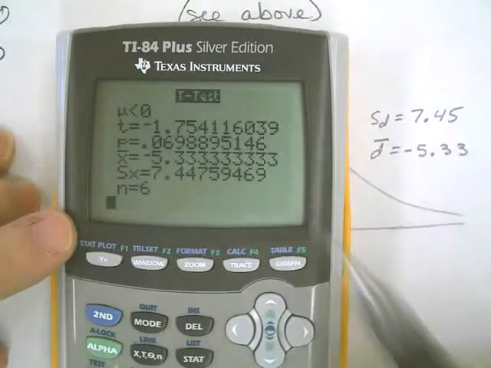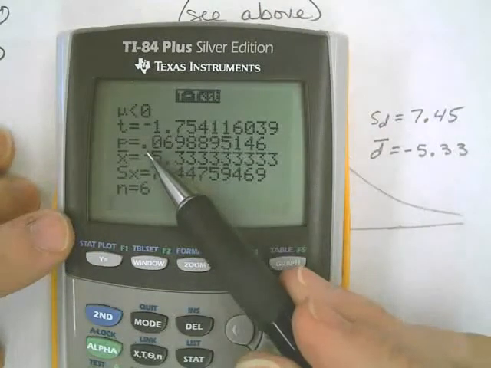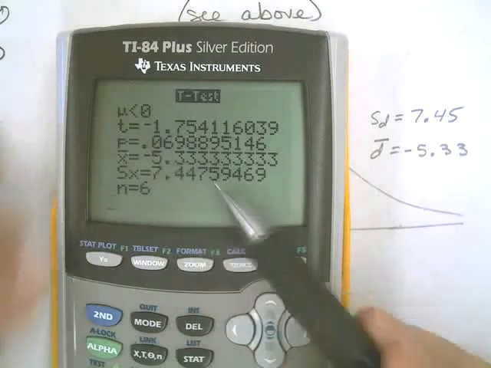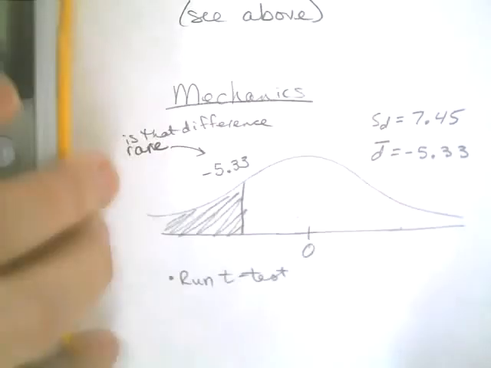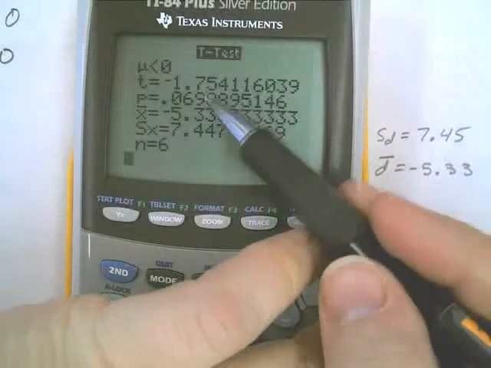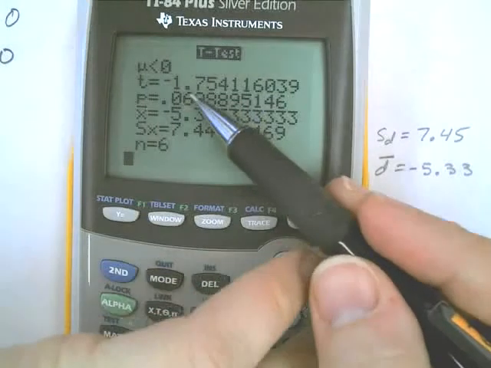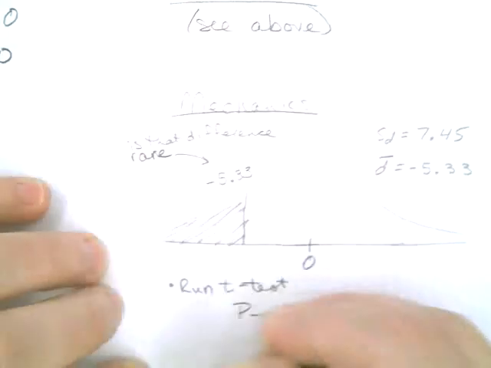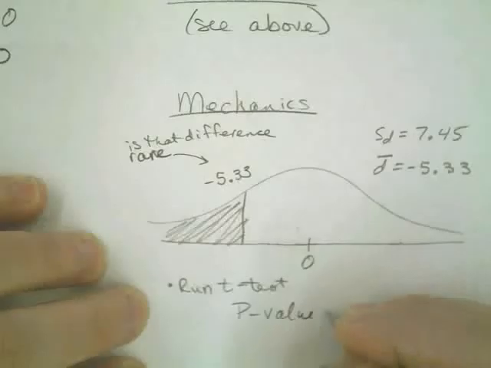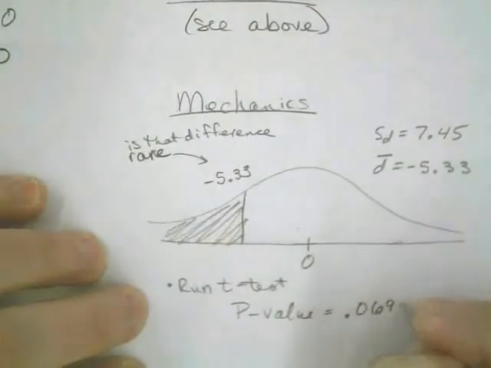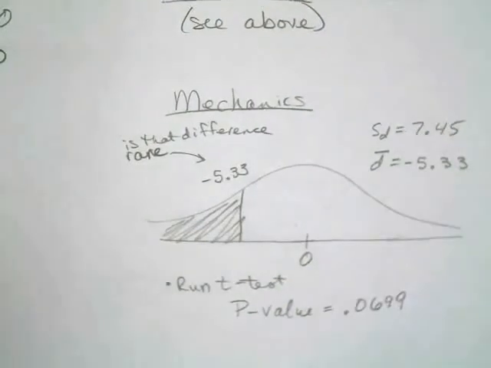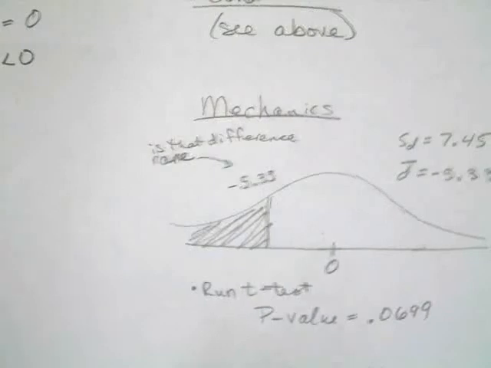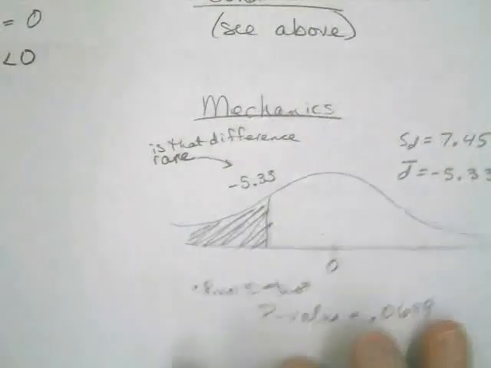And so the probability of this, the p-value, is 0.0698. So because there's an 8 after that 9, I would probably round it to 0.0699 or 0.07. So the p-value is 0.0699. And that's a pretty high p-value. I mean, it's not super low, but it's not super high.